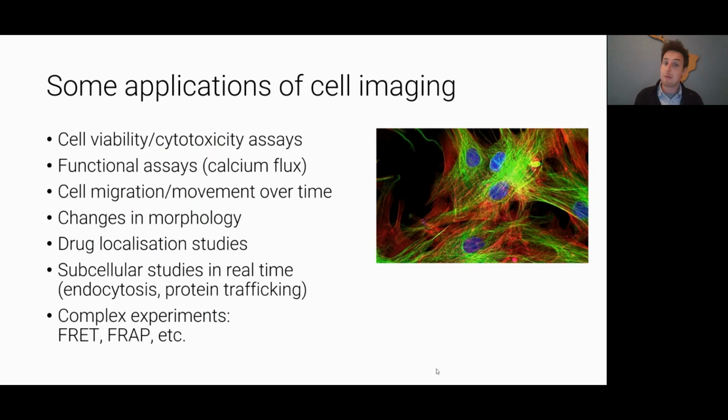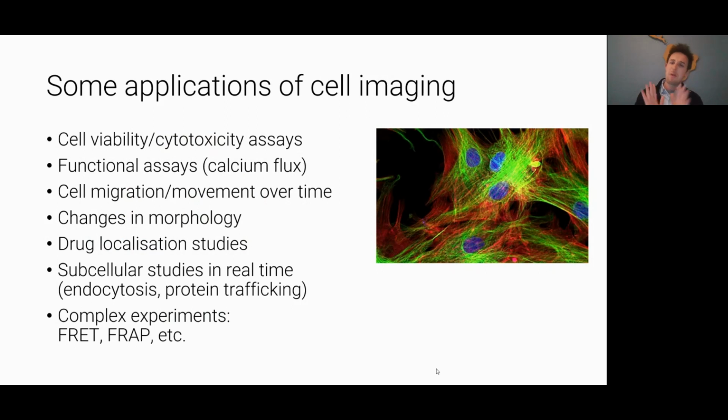One might want to look at cell migration or movement over time, perhaps changes in morphology before and after treatment of a drug, say, drug localization studies, subcellular studies in real time, whether it's autophagy or endocytosis or protein trafficking.